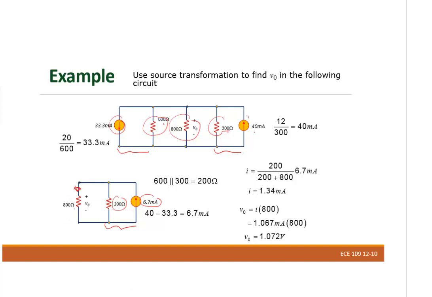If I call this one I0, I0 will be equal to 200 divided by 800 plus 200 times 6.7 milliampere. Then we can find current times resistor value, which gives you V0. This is the way we can simplify.